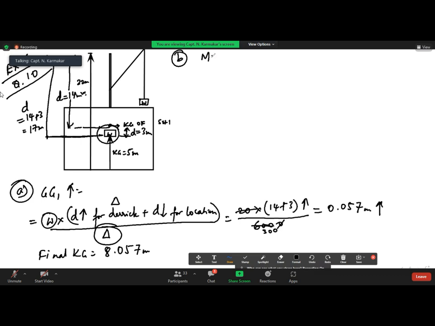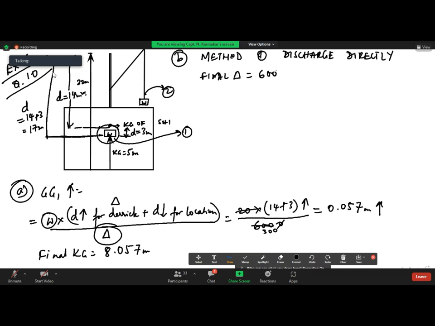So part B, method 1, discharge directly. Previously we did method 1, discharge directly, meaning I'm going to remove it from the ship. Method 2, I'm going to remove it from the crane. Let's see, discharge directly. If I discharge directly, what will be the displacement after discharging? 6,920, sir.